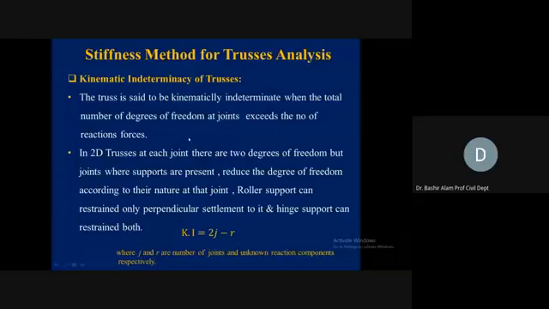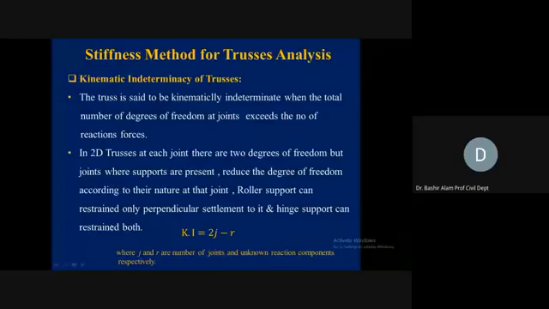Now, in 2D trusses, at each joint there are 2 degrees of freedom. One is horizontal translation and one is vertical translation. But joints where supports are present reduce the degrees of freedom according to their nature at that joint.